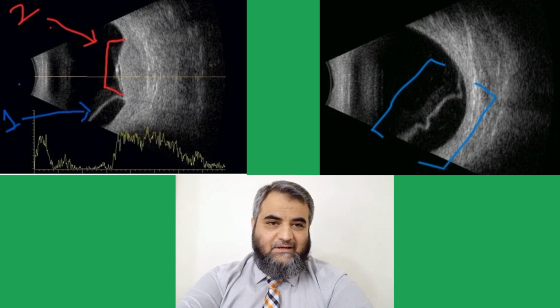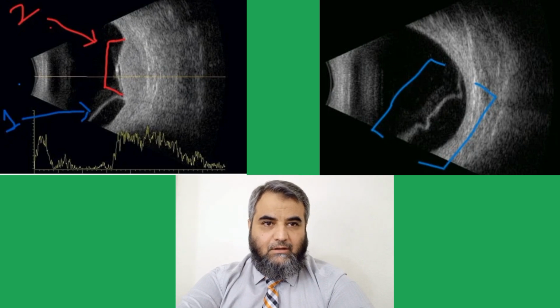And in the right photograph, the blue brackets over there show you the exudative retinal detachment. And if we go towards the A scan inferiorly, you can see that the hyperreflectivity is moderate. We can say it is not very high, it is moderate hyperreflectivity.